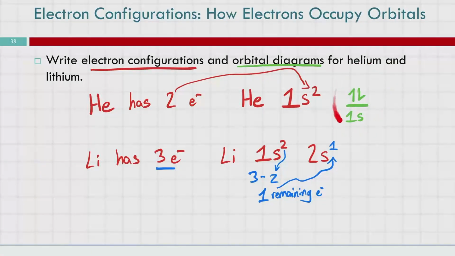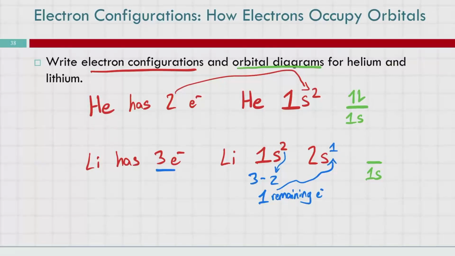Now moving on to our orbital diagram. We draw in our box. This box represents 1s. It's helpful to do the electron configuration first, because then you just copy what you did for the electron configuration. So we take our 1s, that's our first box. We've got 2 electrons. We're going to do up and down. They have to be opposite spin, and up and down are our 2 options.